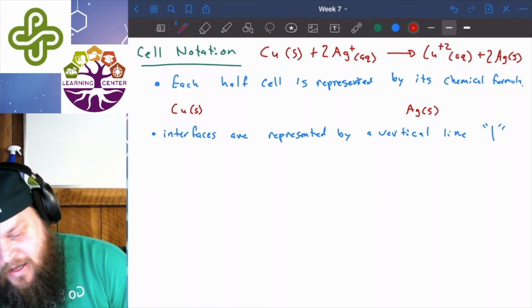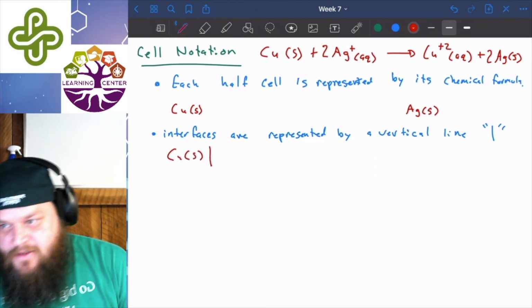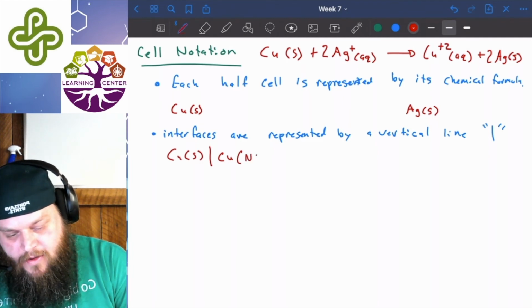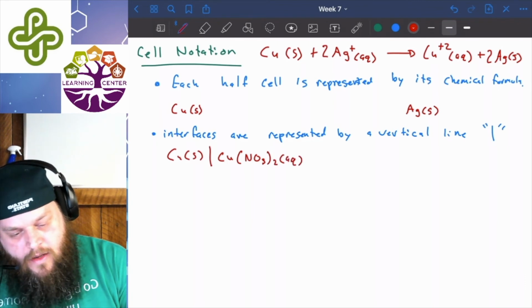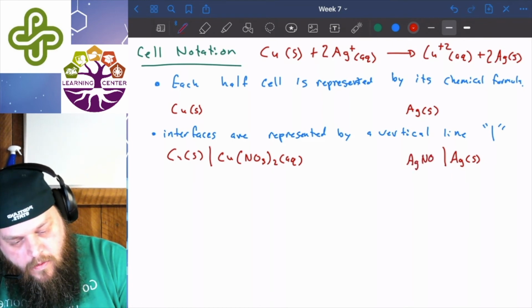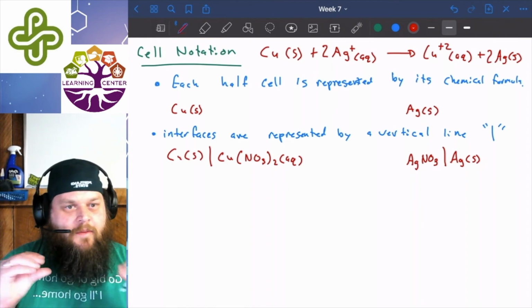So I can write that Cu solid interfaces with copper nitrate, Cu(NO3)2 aqueous. Going from the right side, I can say silver solid interfaces with silver nitrate. And we're still keeping them separated at the moment.